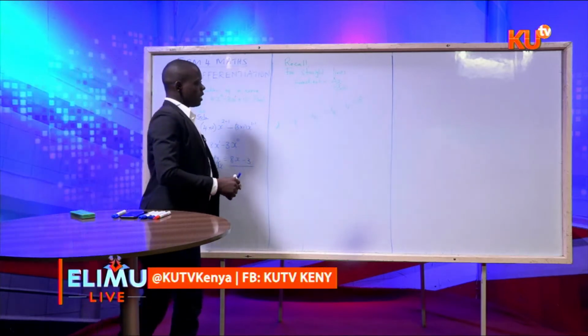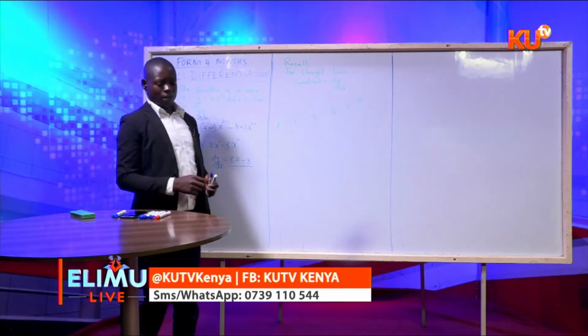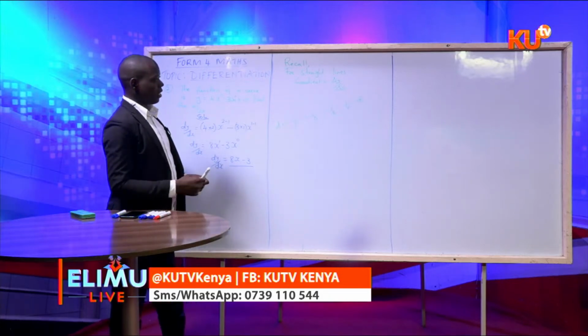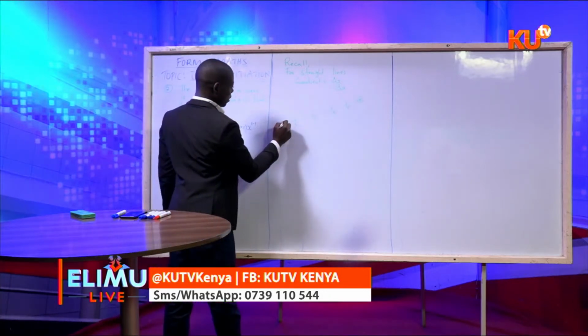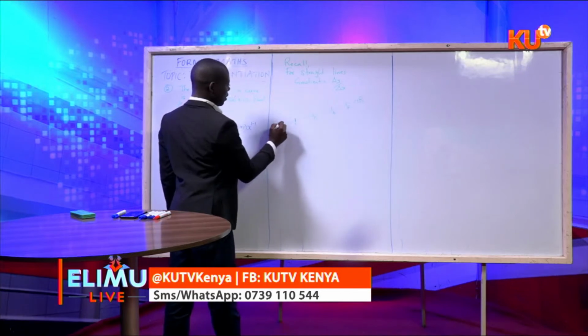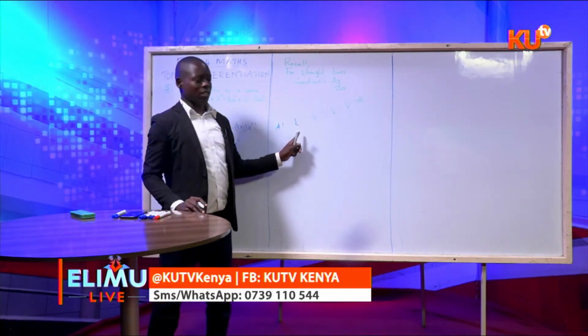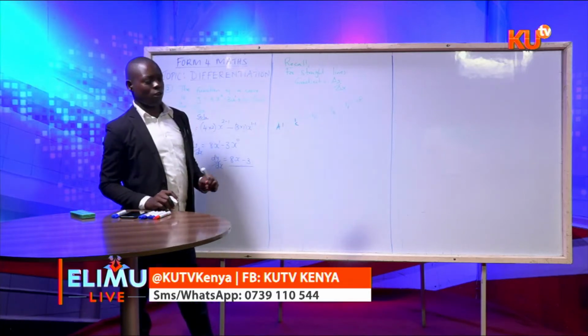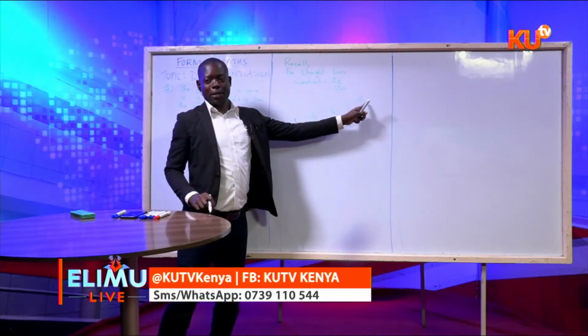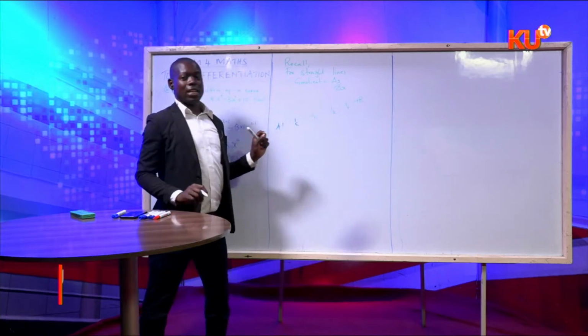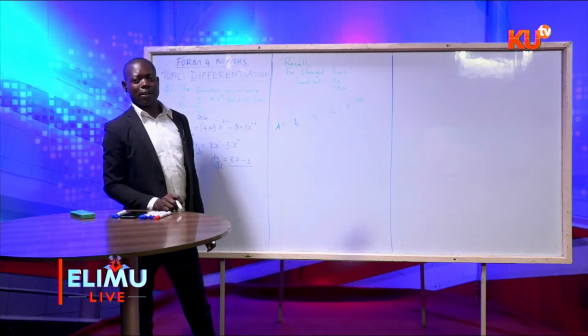If you are to determine the gradient of these points, let's say A and C, you'll be able to get the gradient of the line AB, because C is still on the same straight line.